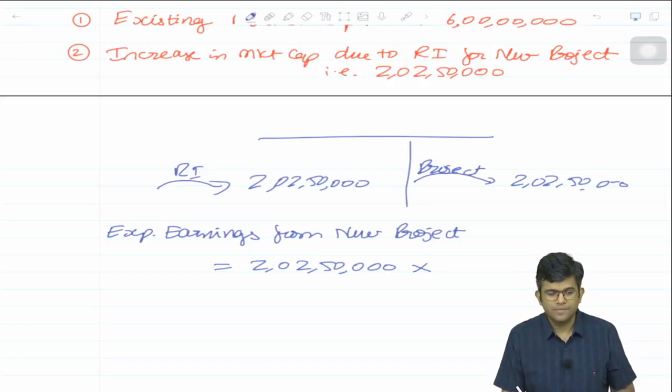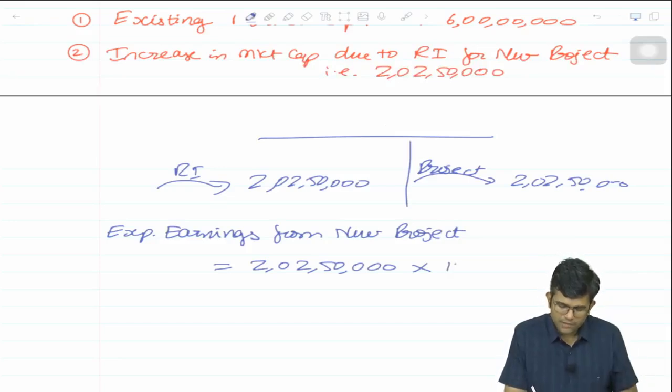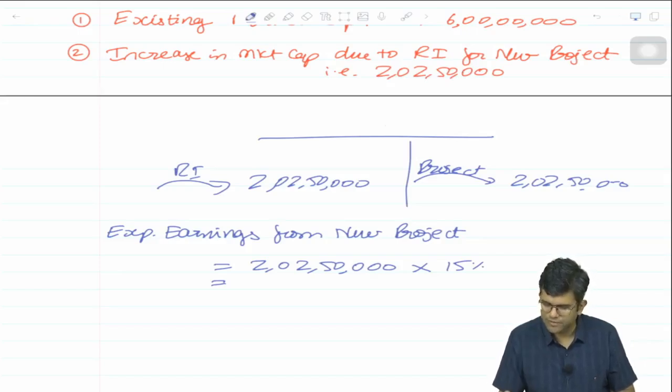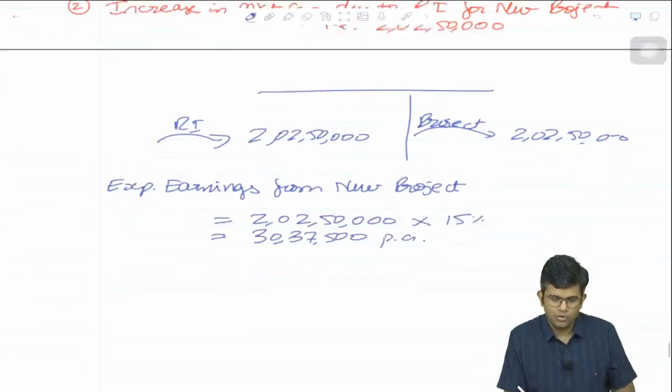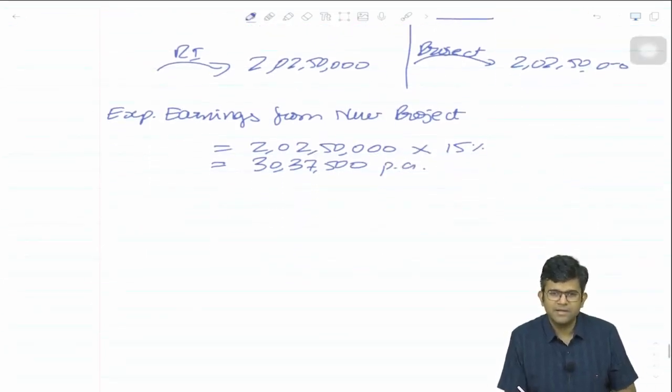Check. Did you check it somewhere? At the start only it is there, 15%, foreseeable future. So 2 crore 2 lakh 50,000 into 15%, 30 lakh 37,500 per annum will be the expected earnings from this project.